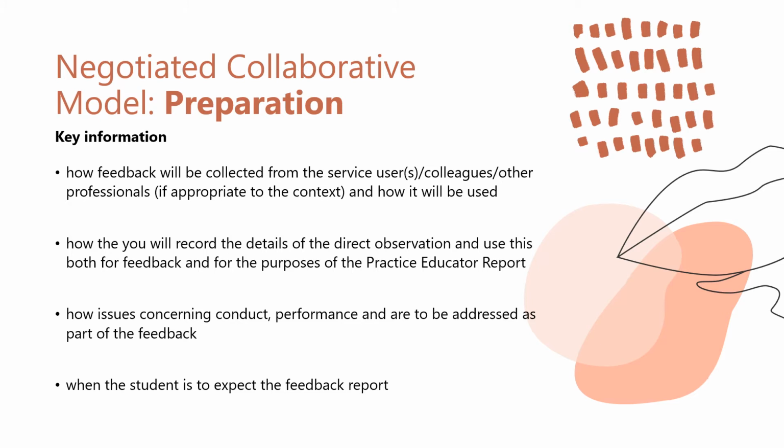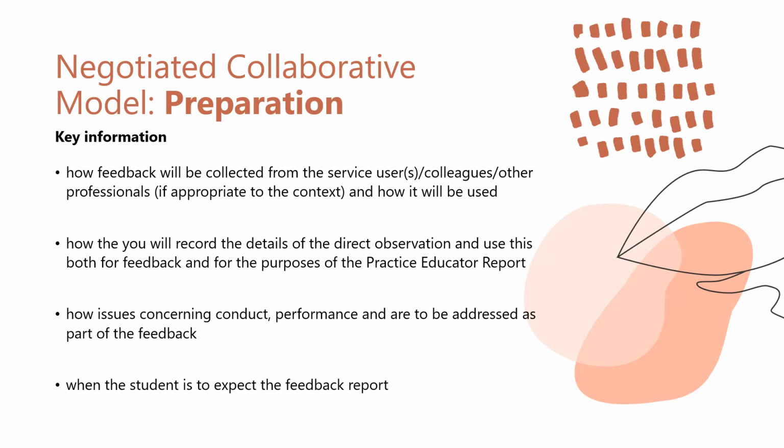The other thing you need to think about is how issues concerning conduct and performance are to be addressed as part of the feedback. So in other words, if it is found that the student's performance was very poor, how is that going to be addressed in terms of the feedback?